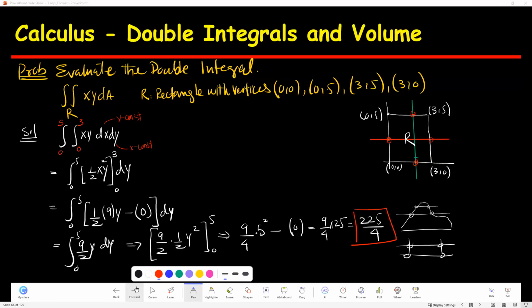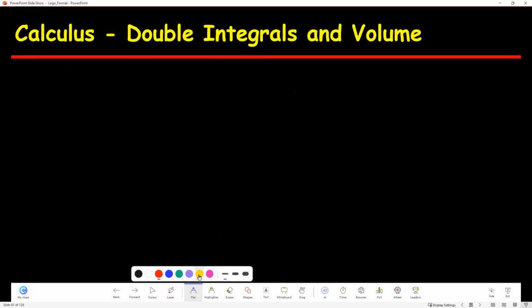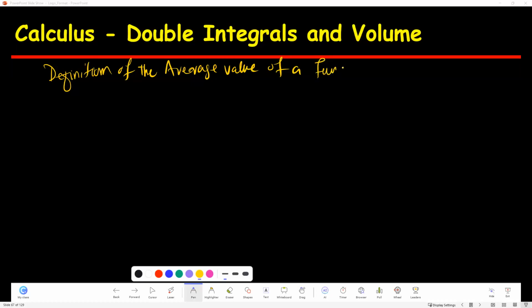I'm going to start one quick problem for a different topic, the one we just talked about in the beginning. We're going to talk about the average value of a function over a region.